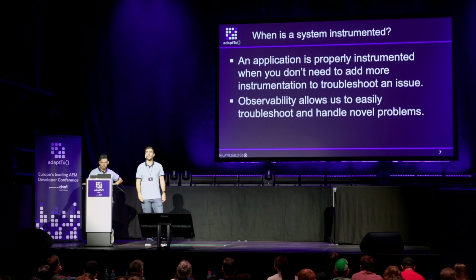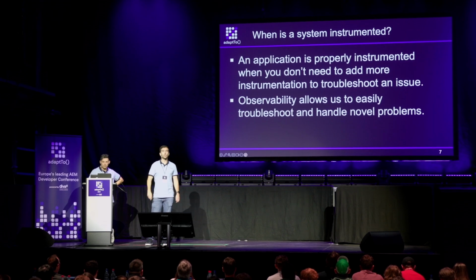And this will help you to know what's going on in your system without having to look at the inner code. When is a system properly instrumented? Well, when you have these kinds of service outages and you don't have to go and add extra telemetry data, do deployments, and see what's going on. You hope that with all the telemetry data that you have, you can already find the problem.